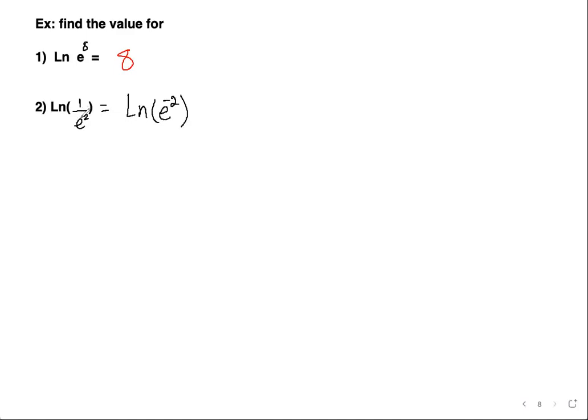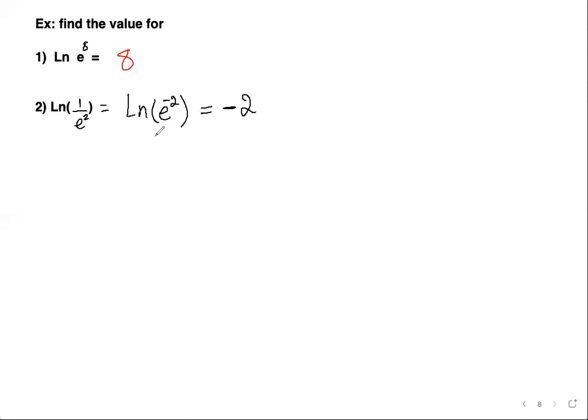When I move anything from numerator to denominator, we have to change the sign of the exponent. If it's positive, it must become negative. If it's negative, we change it to positive. So here we get ln of e to the power minus 2. And by using the same property as before, this is equal to what? Minus 2. So the answer is minus 2.